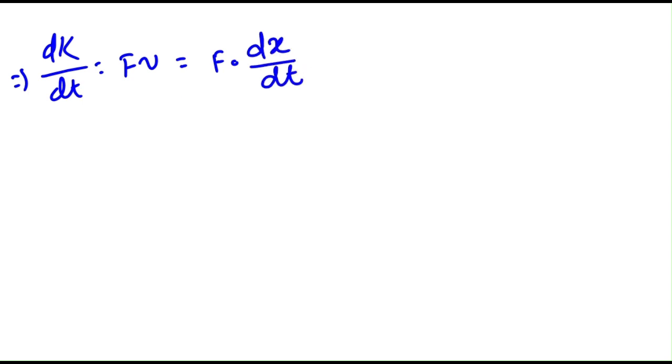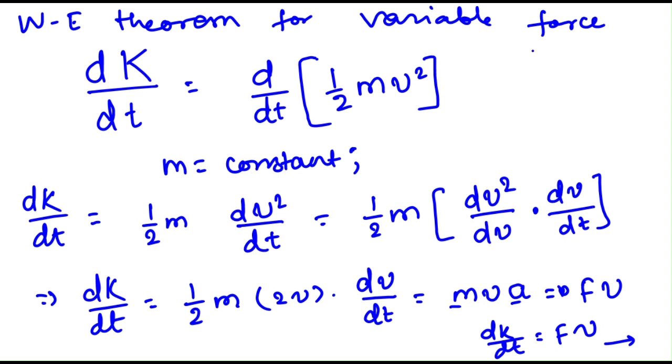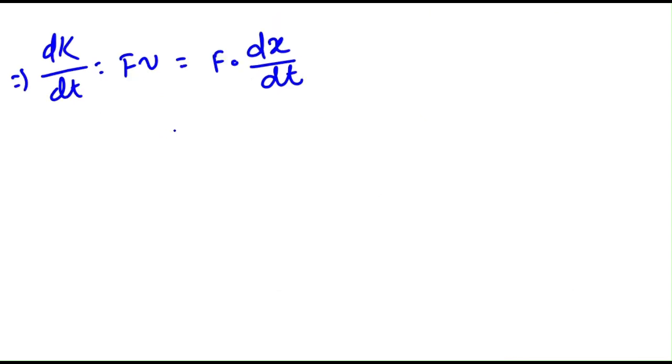dK by dt equals F into v, and you know v you can write as rate of change of position with respect to time. Look, we are dealing with this in one dimension. We should mention this. We can generalize it, but to keep things simple, we should start with simple considerations.